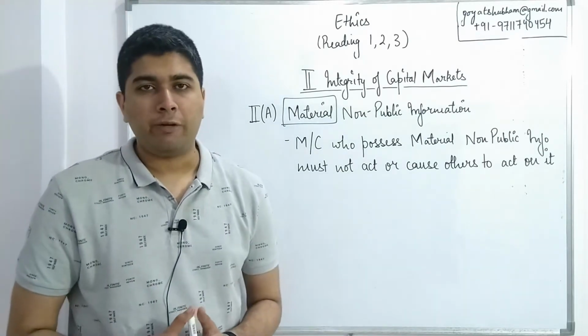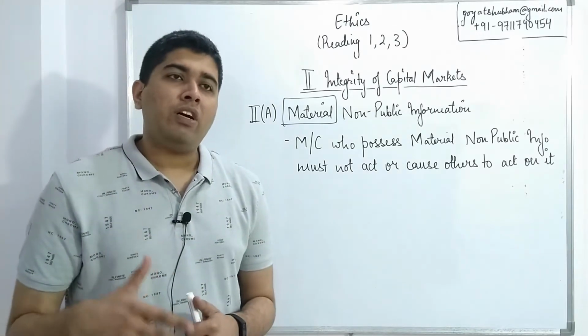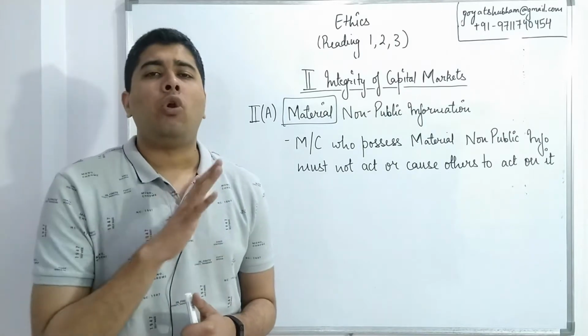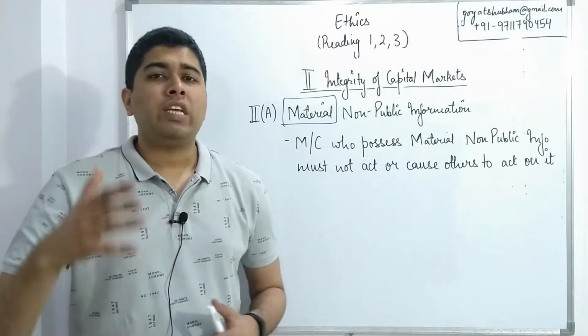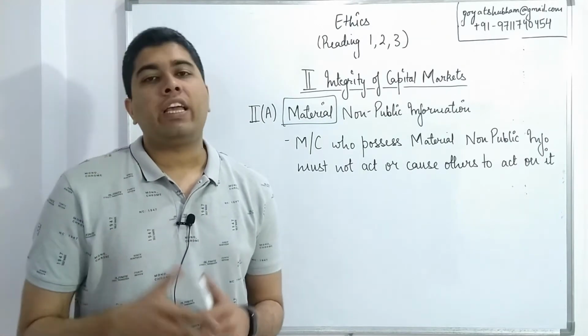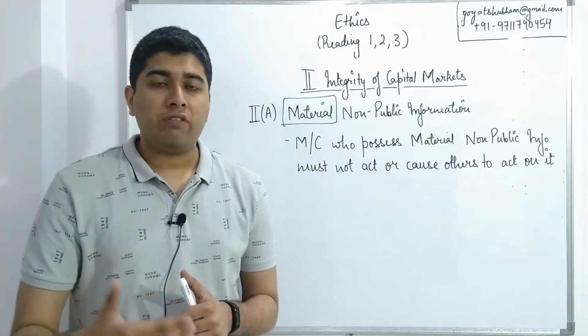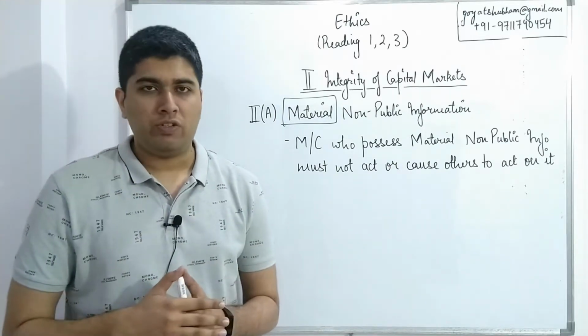So any information that can influence the price or the value of any security is considered material. The other way of looking at it is if a rational investor, and the term rational investor is going to appear a lot of times throughout the CFA curriculum. What it simply means is an investor who is capable of taking an informed decision. So someone who is aware of the markets, aware of how the markets function, someone who can take an informed decision.